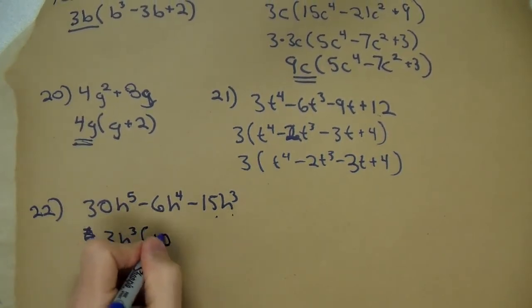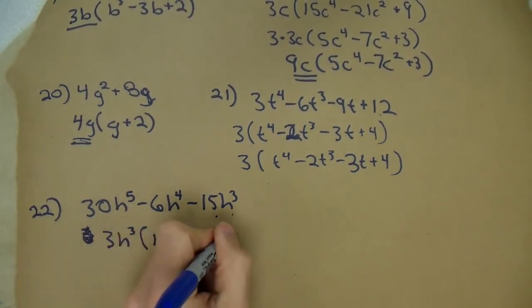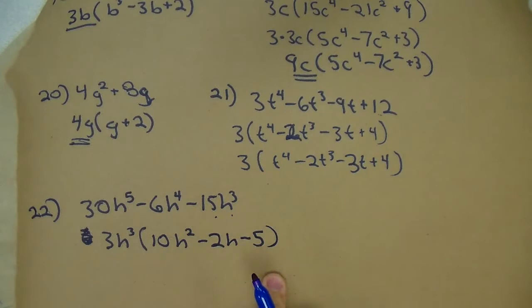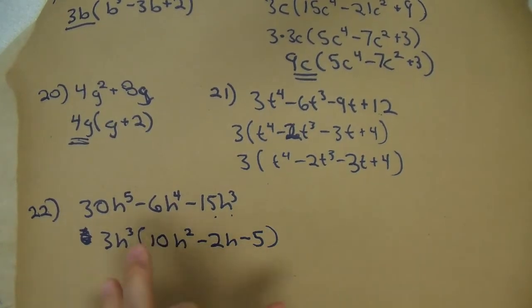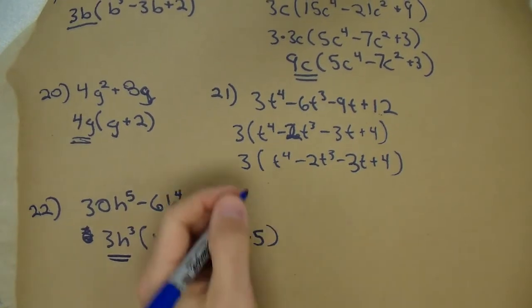So I'm going to take out 3h cubed, and it factors down to 10h squared minus 2h minus 5. Now we could look at factoring this a little bit more, but for right now, we're going to leave that as it is. Greatest common factor is 3h cubed.